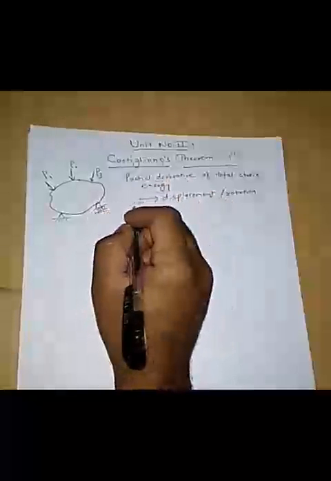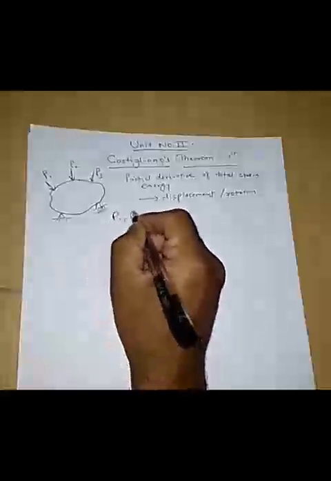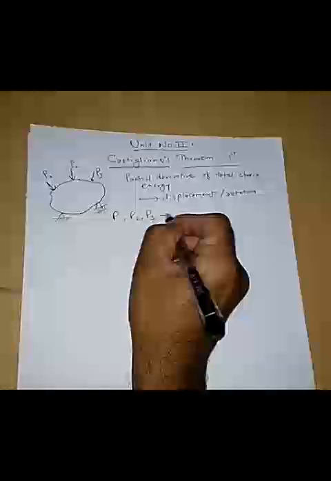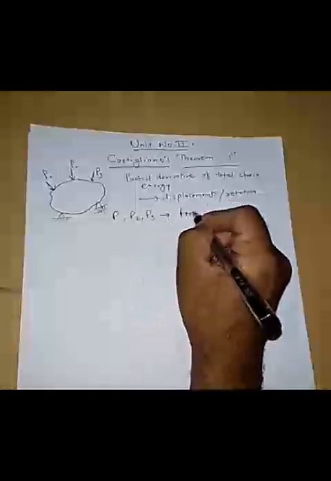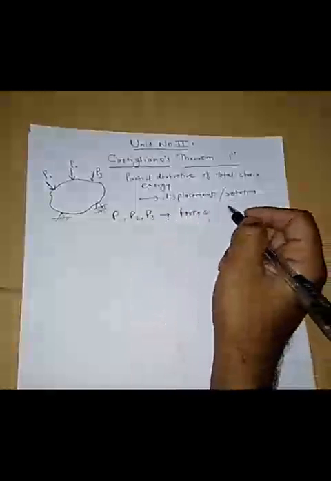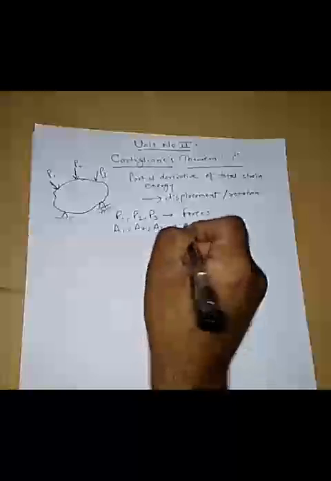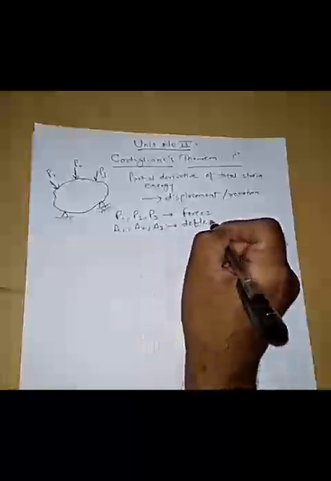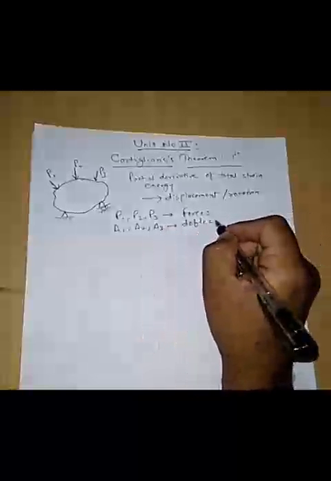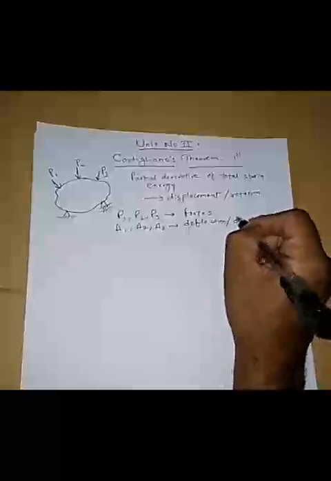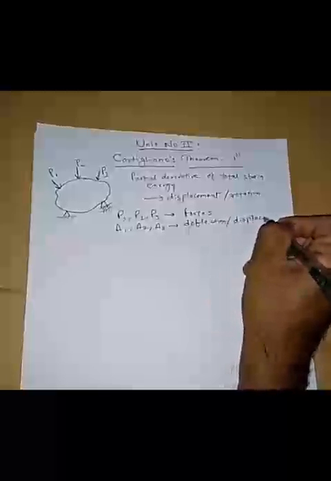So if we just consider this is a particular body, P1, P2 and P3 are the forces acting on it, and because of these forces there will be deflection. Let us consider delta 1, delta 2 and delta 3 as the deflection or the displacement.